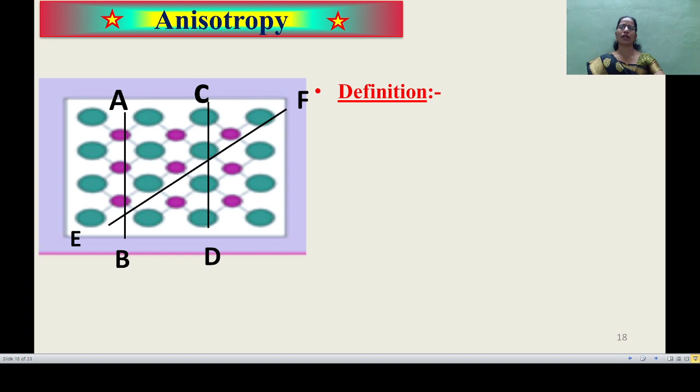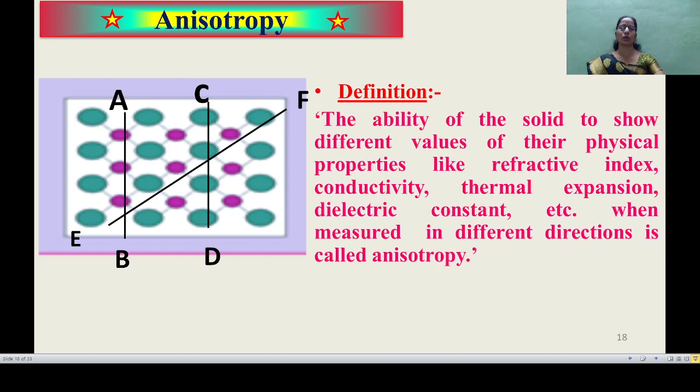And thus, we can define the anisotropy as the ability of the solid to show different values of their physical properties like refractive index, conductivity, thermal expansion, dielectric constant, etc. when measured in different directions.